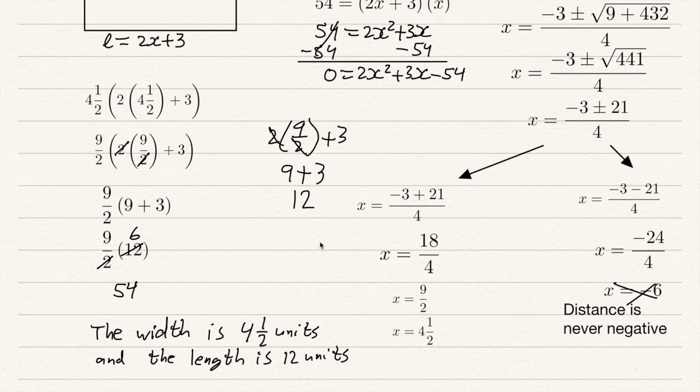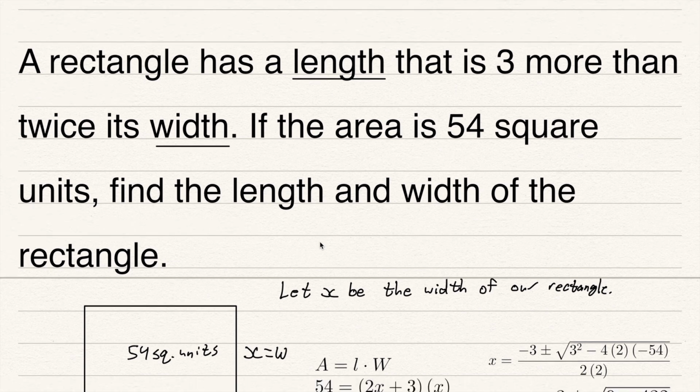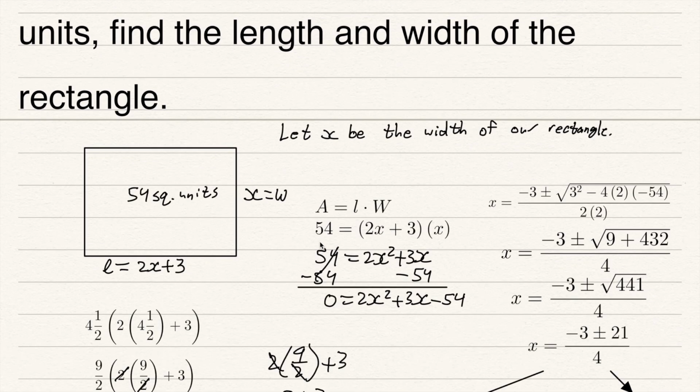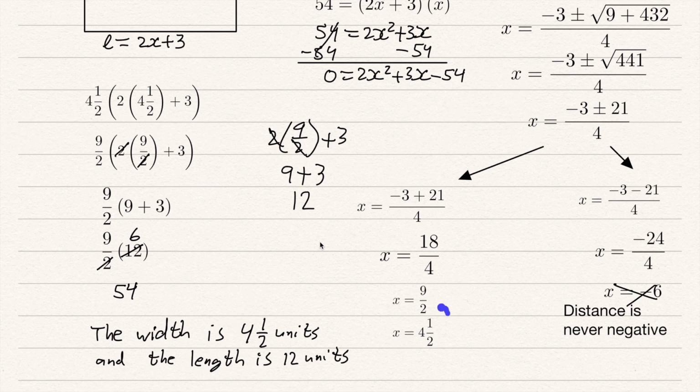So it's important here to notice a couple of things. Finding x did not answer our question. X was the width of our rectangle, and we needed length and width. So we had to give two answers. So if we had solved for x and just given this answer here, that would not have been enough. We had to make some interpretations along the way. We rejected this answer because it didn't answer the question about a distance.